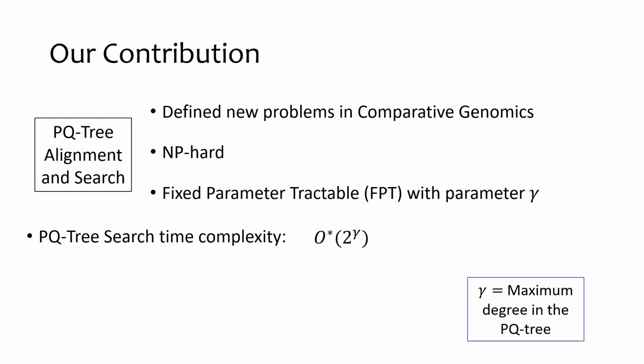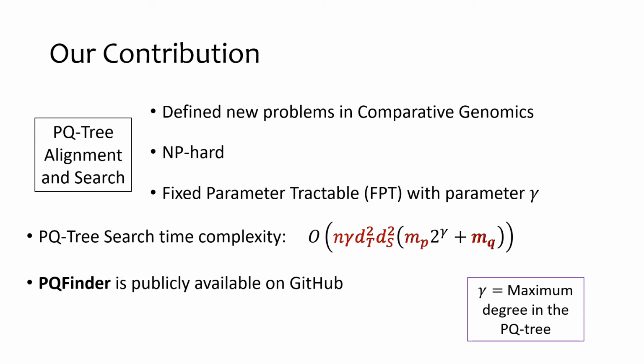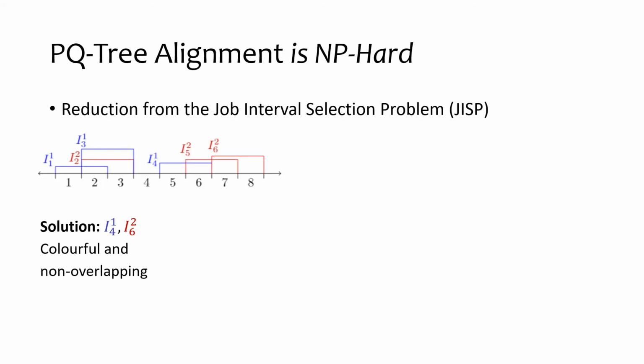Our polynomial, which is concealed here by O star, is comprised of the length of the input string n, the parameter gamma, the bounds on the number of deletions dt and ds squared, the number of P nodes in the input PQ tree, MP, and the number of Q nodes in the tree, MQ. We implemented our algorithm for PQ tree search, named it PQ Finder, and made it available on GitHub.